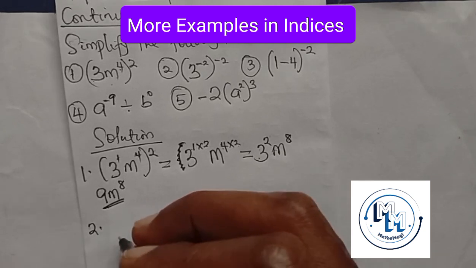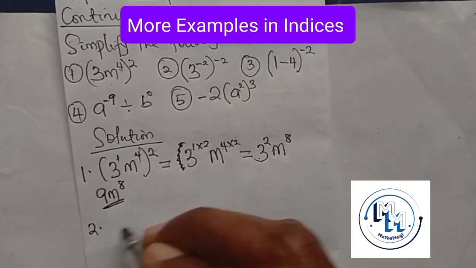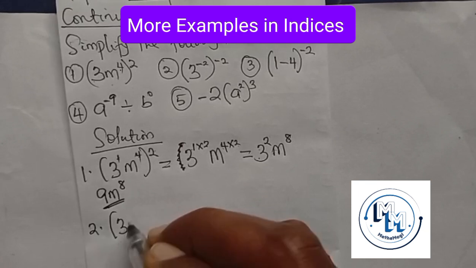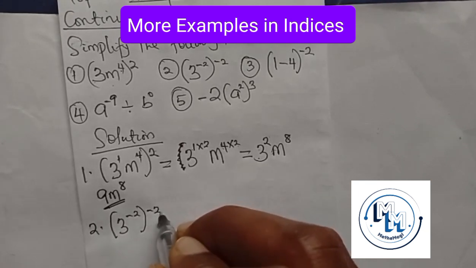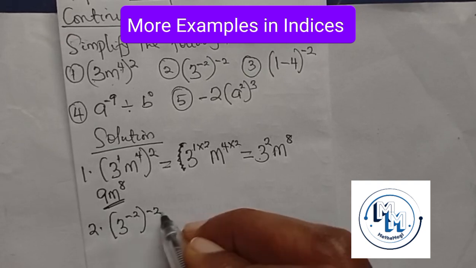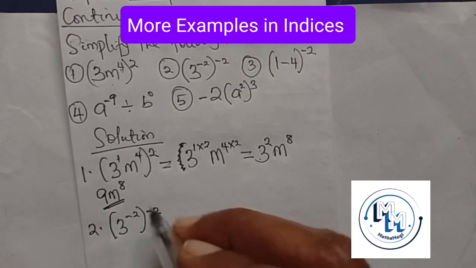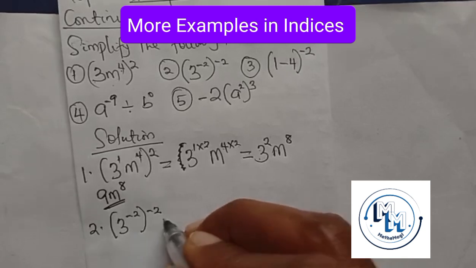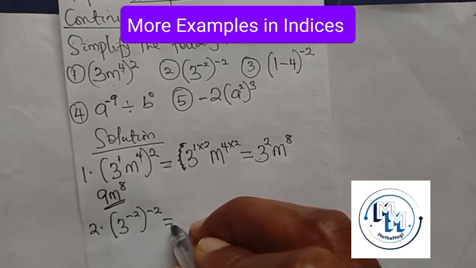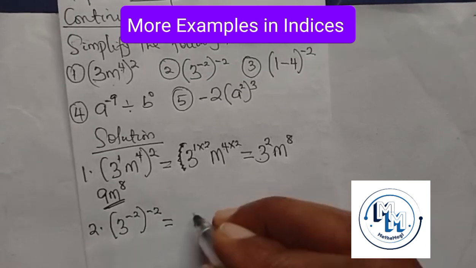The second one, the same thing. I have brackets 3 power minus 2, all power minus 2. This is what we call power of a power. So at this point, what do we do? Straight, I'll multiply the powers there.